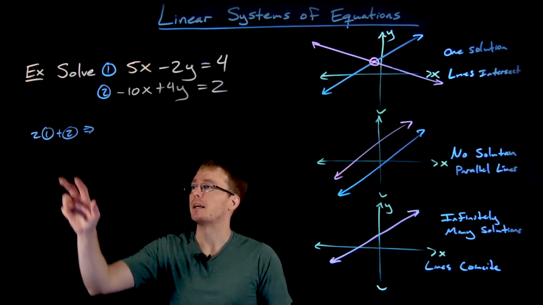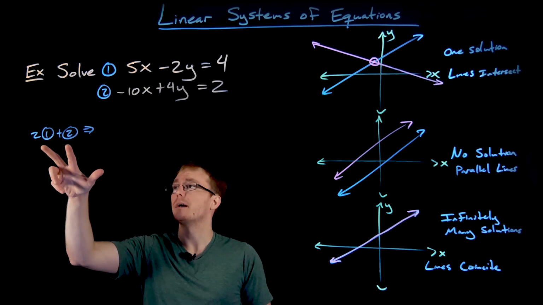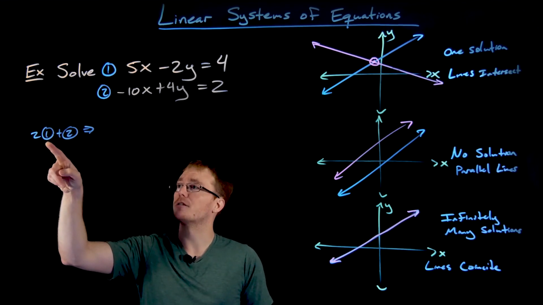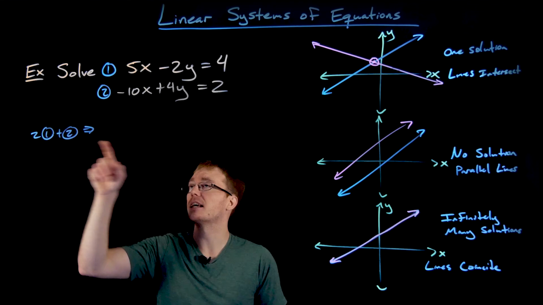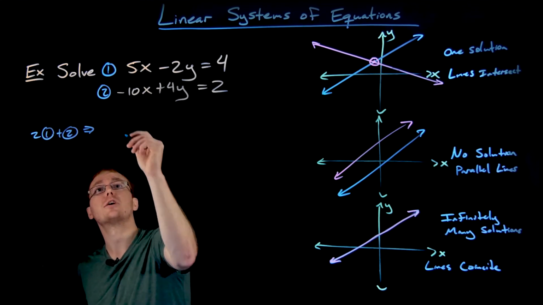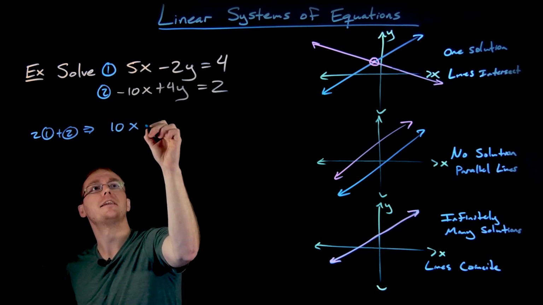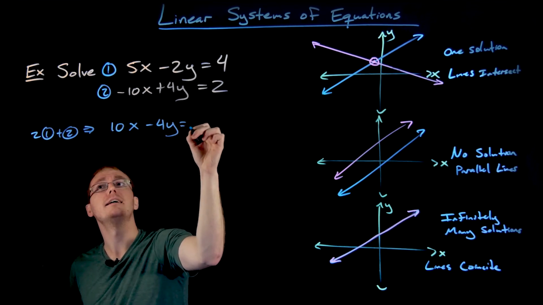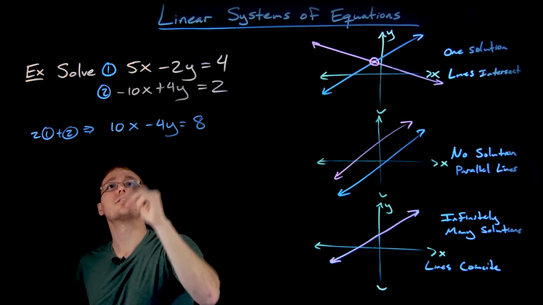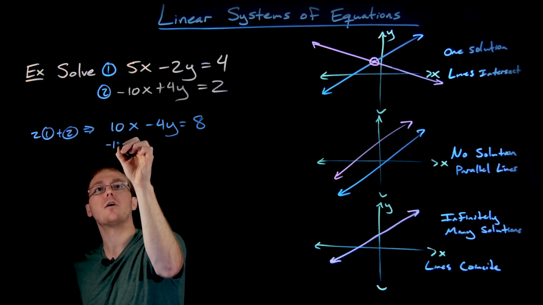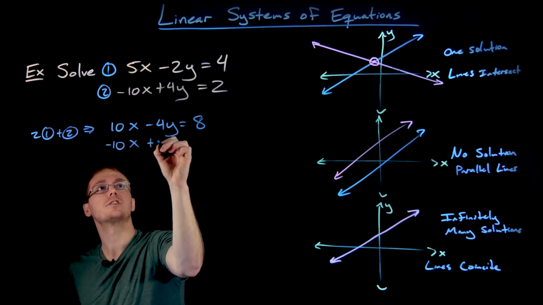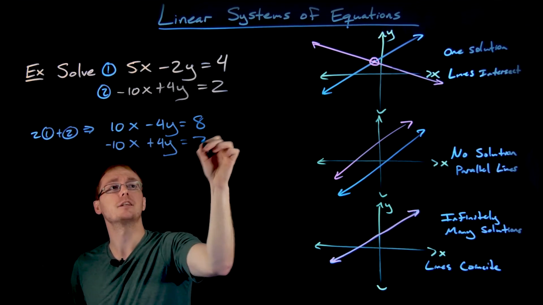So once again, the steps I am taking to set up our elimination method is we're going to take 2 times our first equation and add to that our second equation. So 2 times our first equation gives us 10x minus 4y is equal to 8. And our second equation, which we're not manipulating at all, is still negative 10x plus 4y is equal to 2.